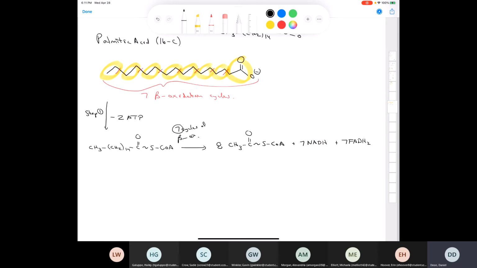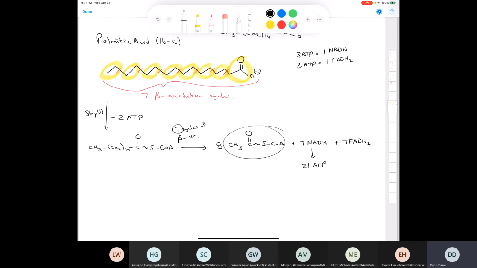Well, we know that we get 3 ATPs for every 1 NADH molecule, and we get 2 ATPs for every 1 FADH2 molecule. So if we take 7 times 3, that's going to produce what? It's going to give me a total of 21 ATPs, and this is just from the beta oxidation.